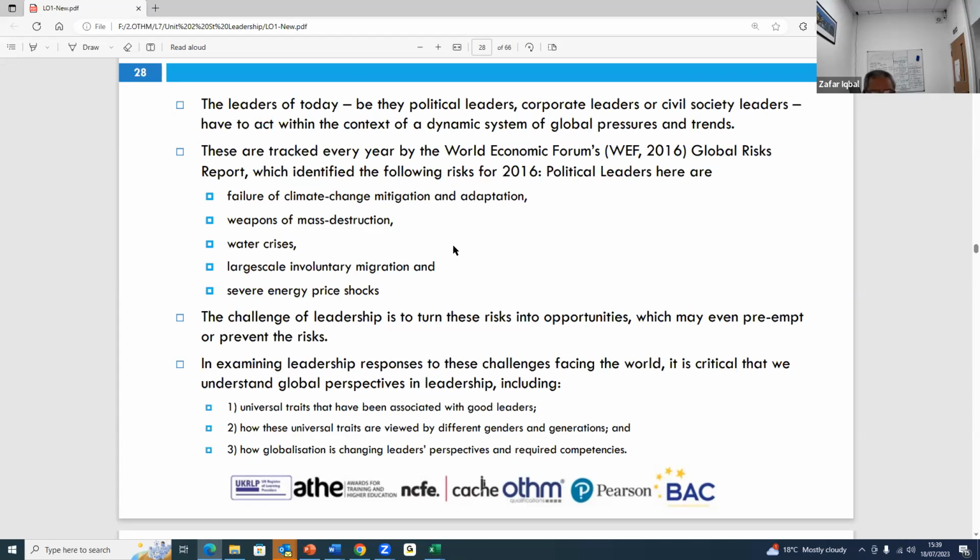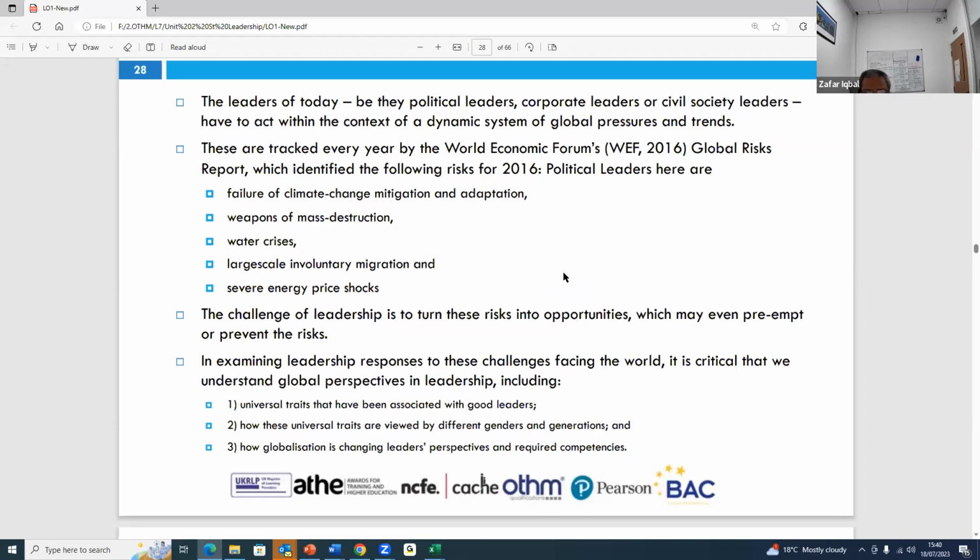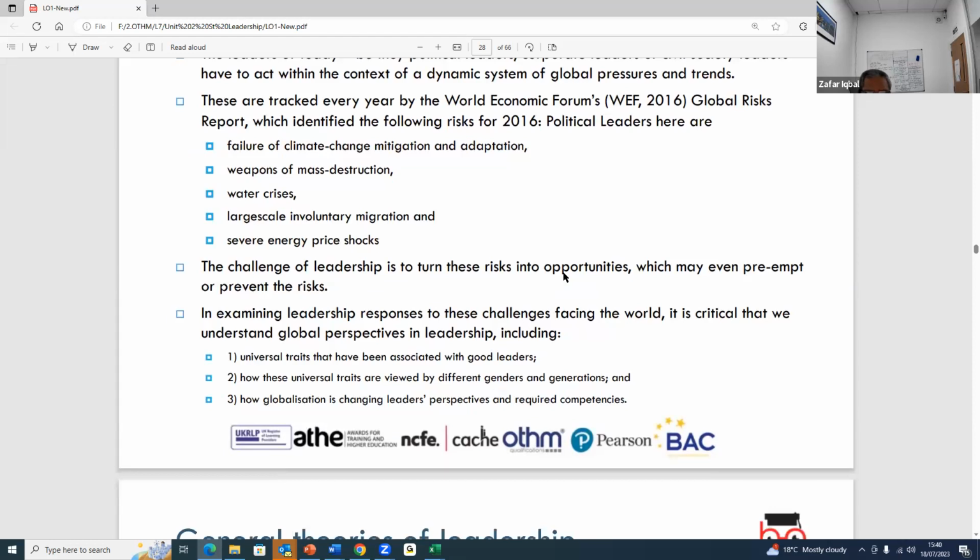How do they deal with severe energy price shocks? What's their reaction when they are looking at climate change? The challenge of leadership is to turn these risks into different opportunities, and the World Economic Forum follows these leaders and compares their decision-making processes.